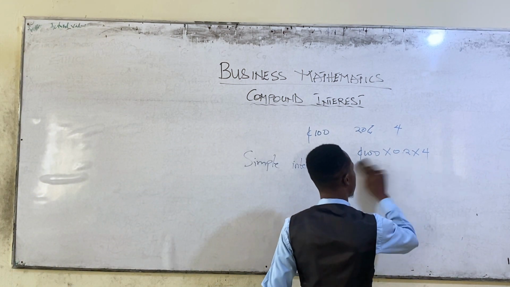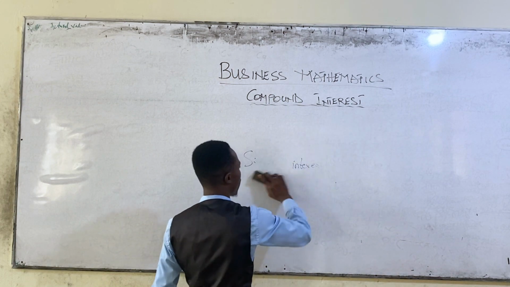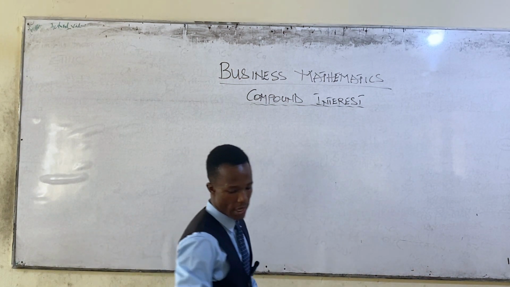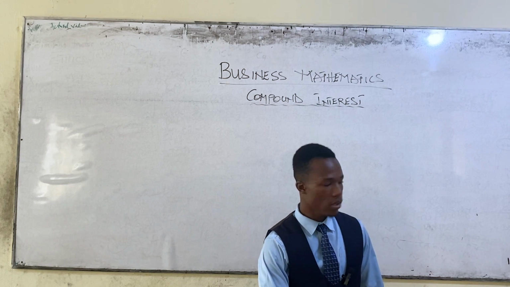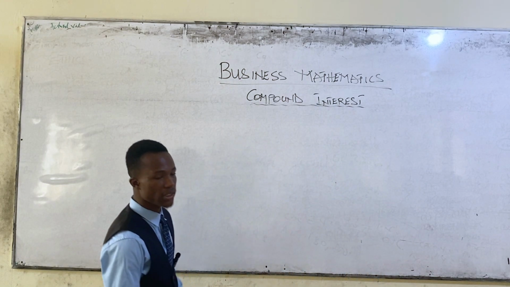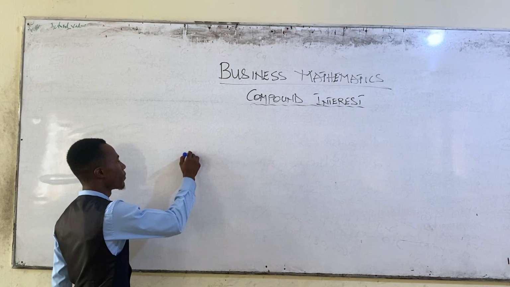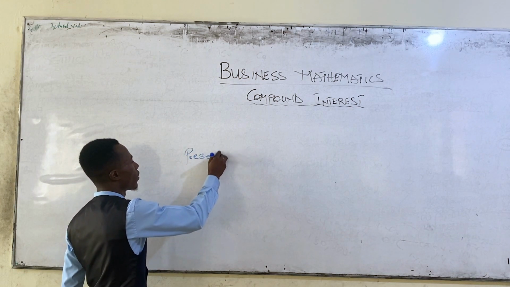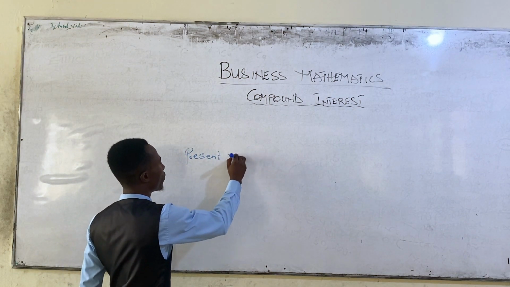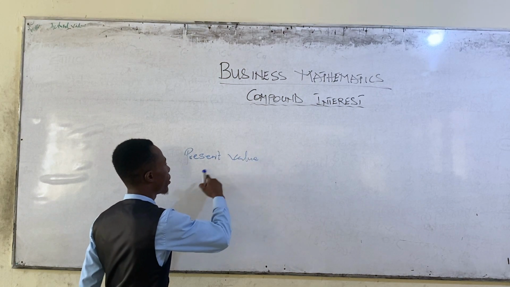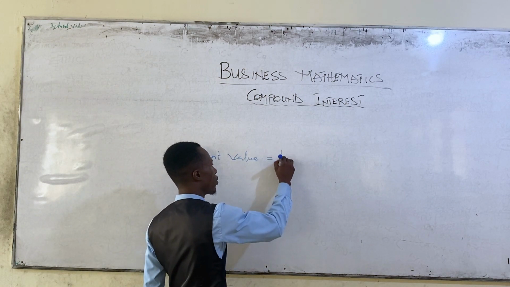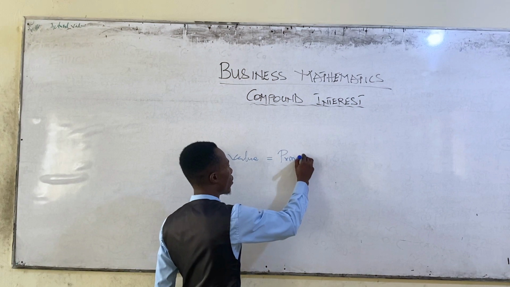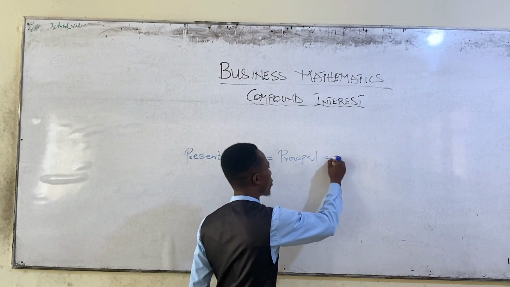And we shouldn't forget some of our terms, the maturity value and the present value. So when we say present value, in our previous lesson, I said present value is the same as what? Your principal, and is the same as what?